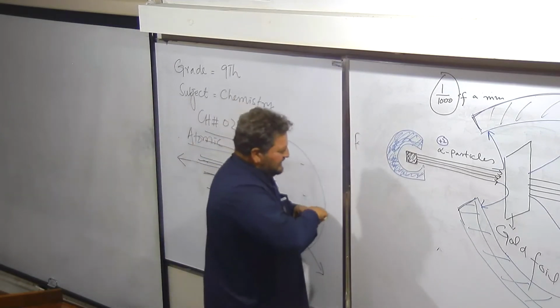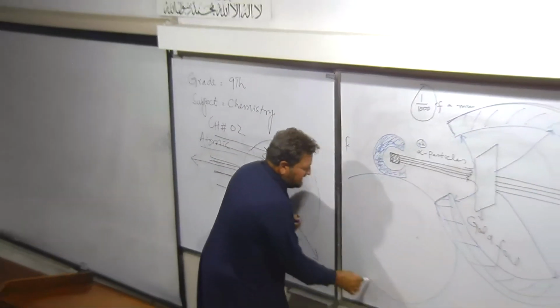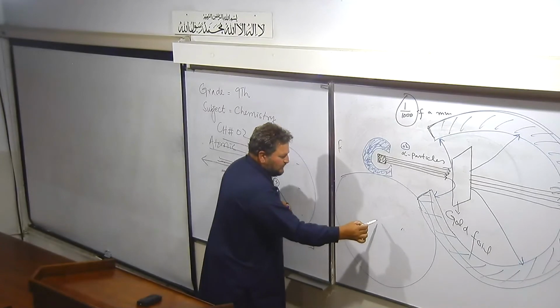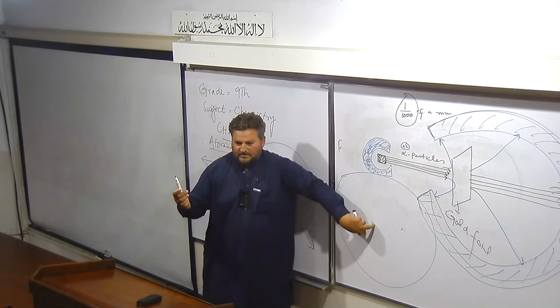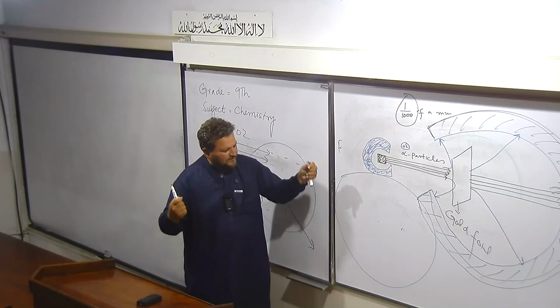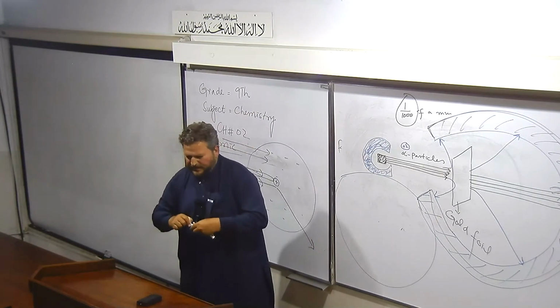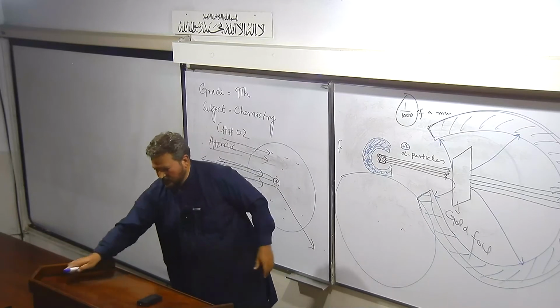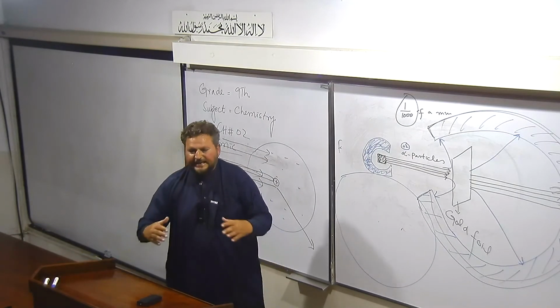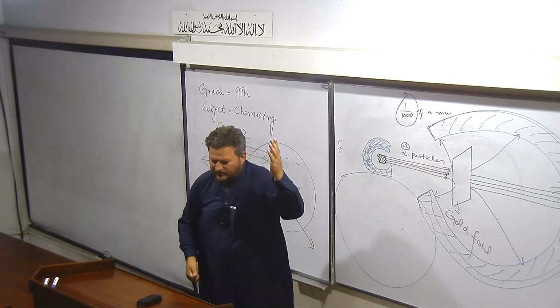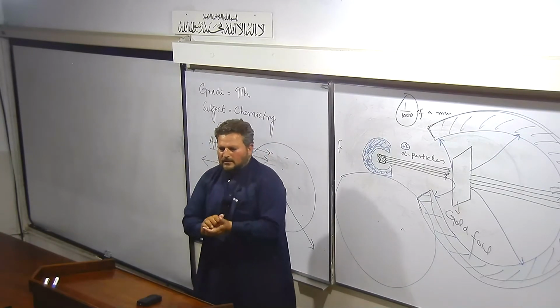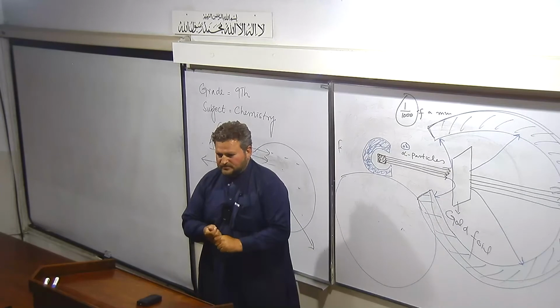Let me explain this. If this is the atom, the nucleus will be this, almost invisible. This means the nucleus is very, very small. Let me give you an analogy. If you magnify an atom up to a cricket ground, there is a cricket ground in London, what we call the Oval ground.